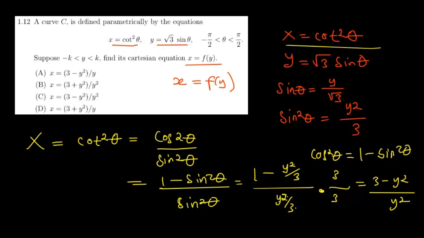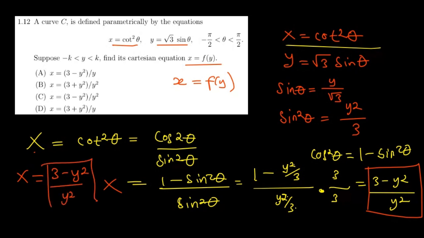So this will be my answer in terms of x, because remember x is equal to this. So x is simply equal to (3 minus y squared) over y squared. So you look for where you have such an answer, which is C. So C was the perfect answer.